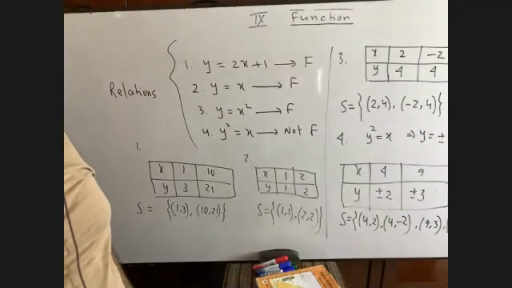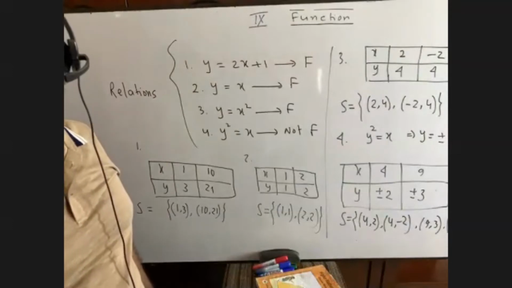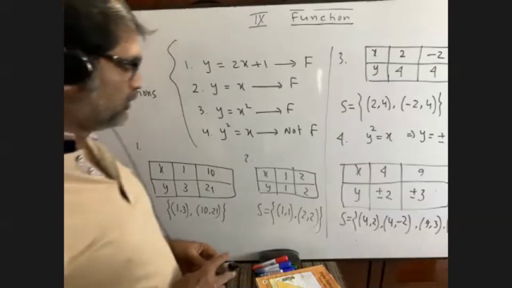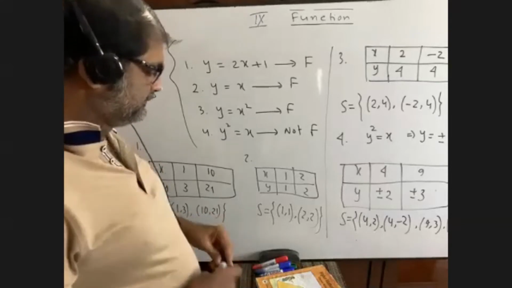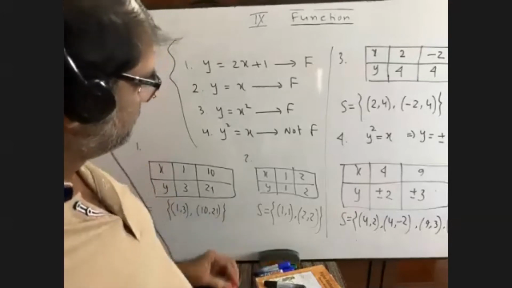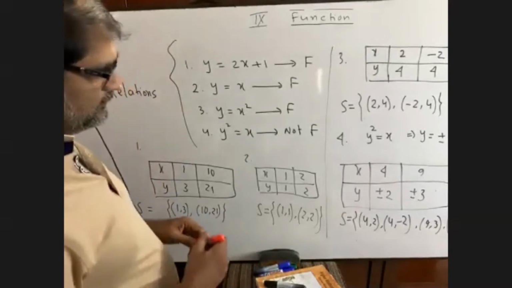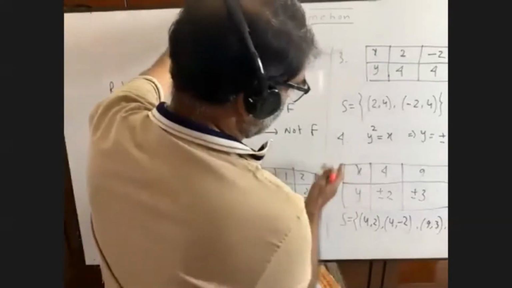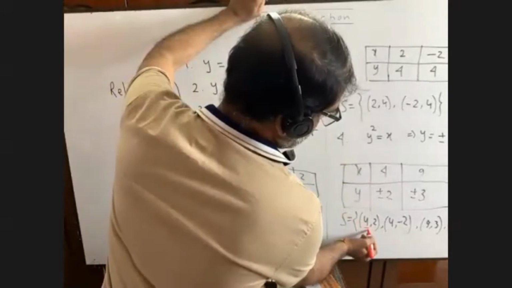Are you getting it? Yes, sir. So why is number 4 not a function? I'm going to describe that. Can you see the difference? Sir, for x there are two values of y.